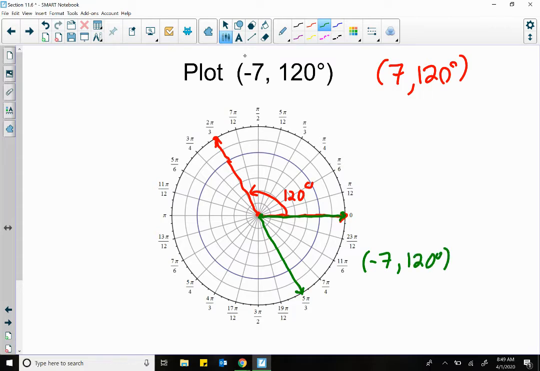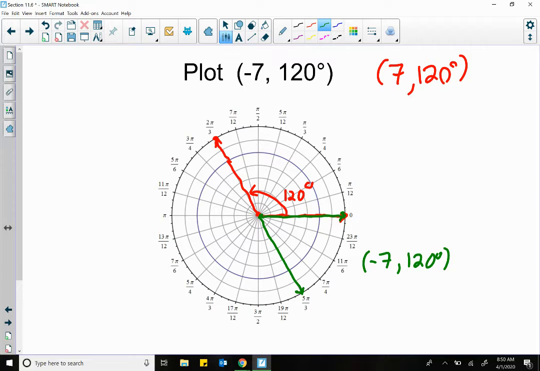If you have a negative pole here, what you need to do is interpret it as a positive, rotate out that degree, and then think of this as a vector and give me the opposite vector to it. So the green is the one that you would look for. There will be 4 pictures, and you just select the picture that matches it.